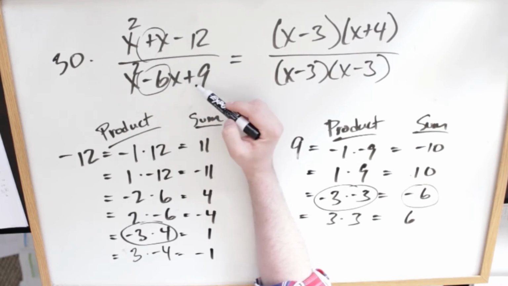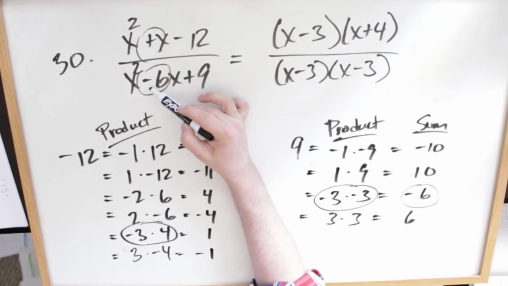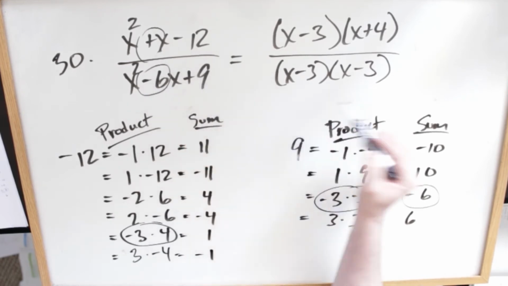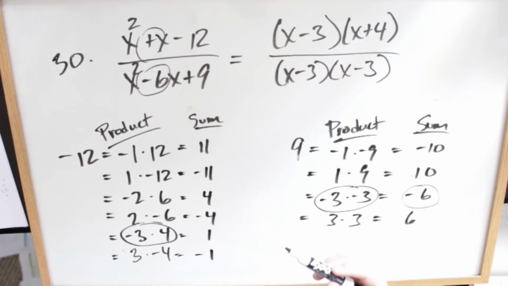So because this sign's positive, I know that either both have to be negative or both have to be positive. And since this sign in the middle here is a negative sign, then both signs have to be negative because I'm going to add them in the middle. That's a sum. Okay? So that's where I get the x minus 3 and the x minus 3 from.